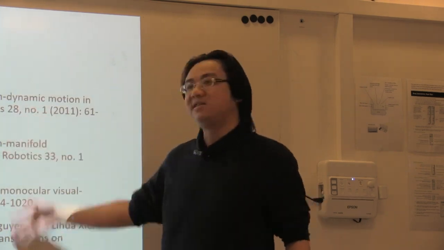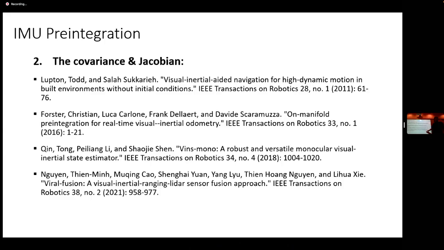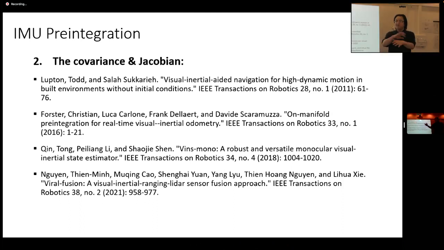The Jacobian is really hardcore because you have to do a lot of Lie algebra manipulation. You have to use identities to shift the noise all the way back, because the noise is coupled in the middle.